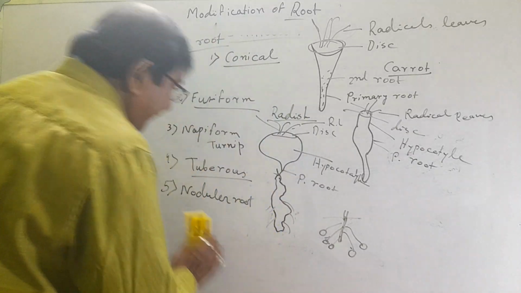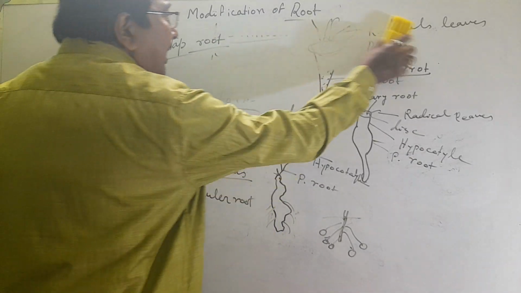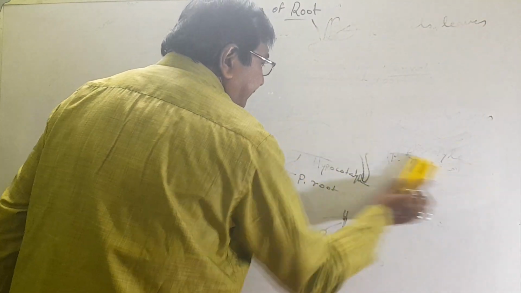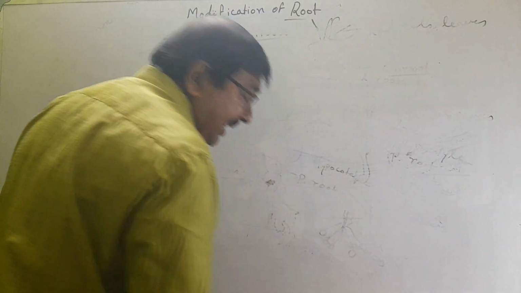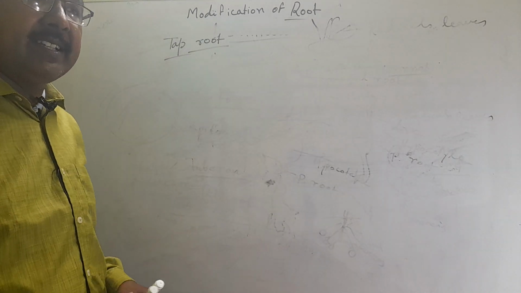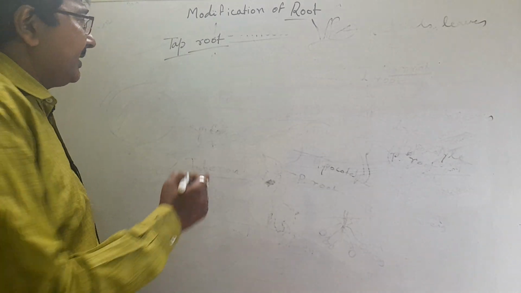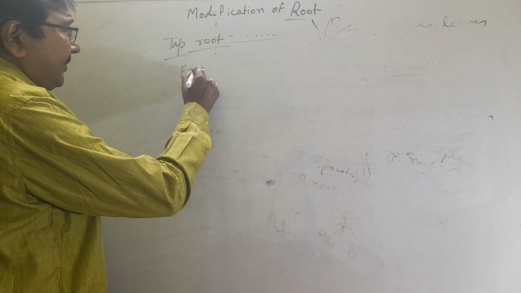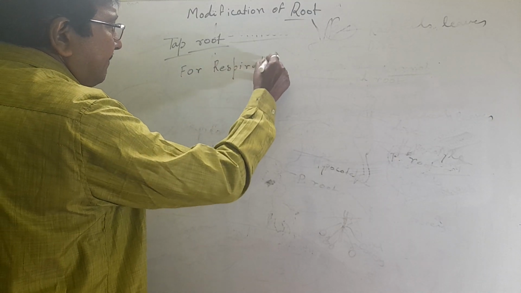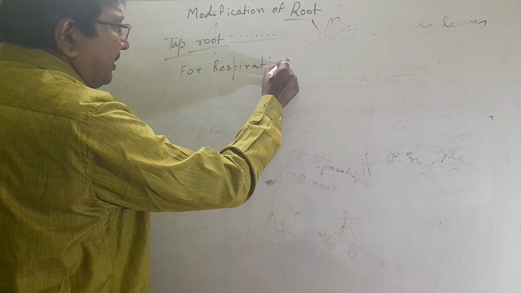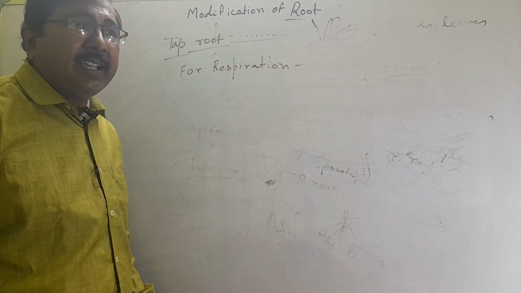Okay, students. Next, in taproot, another modification is there, for respiration. What modification occurs there?